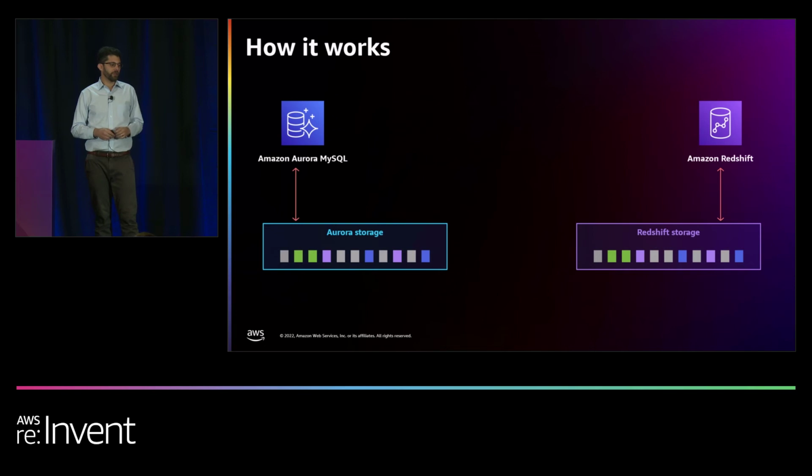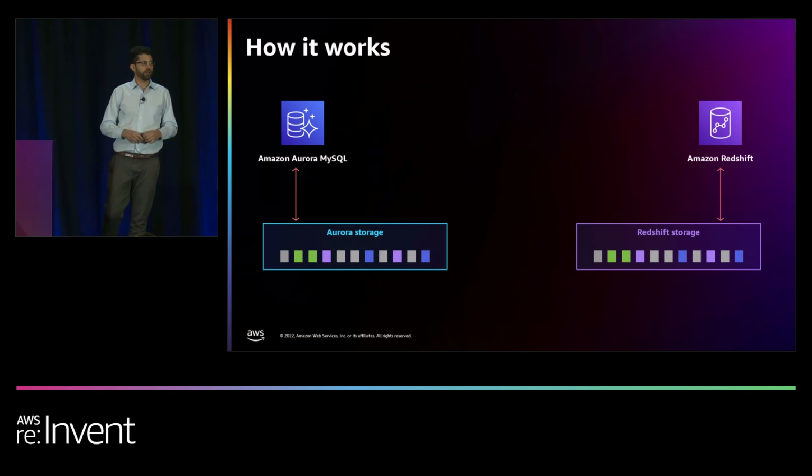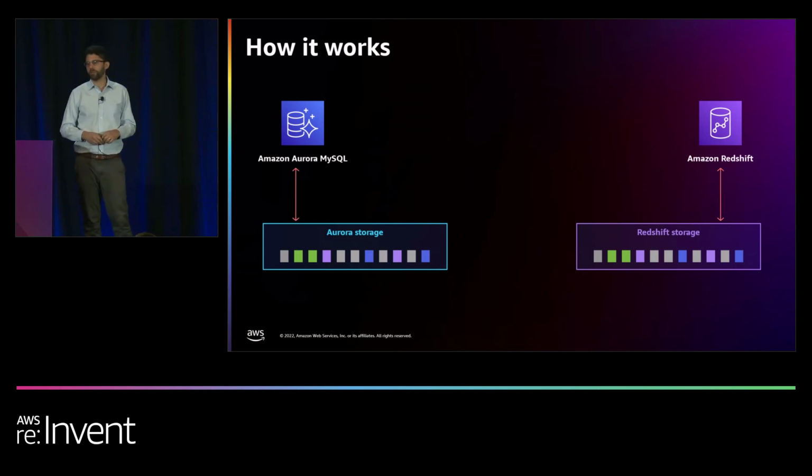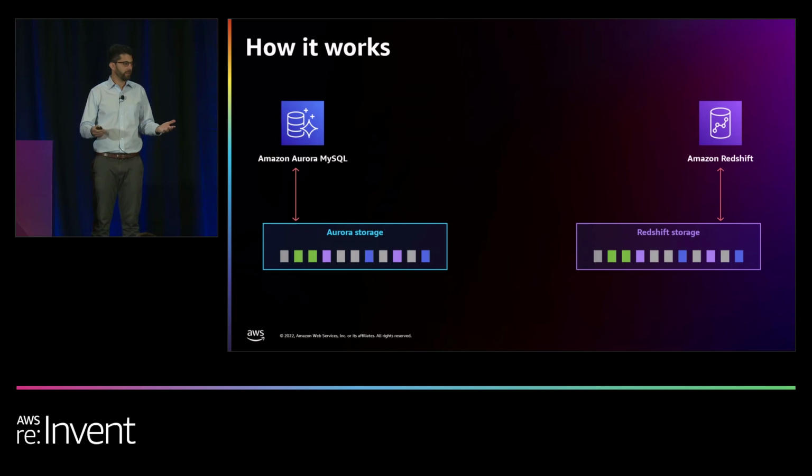So in this first slide, we've got an existing Aurora MySQL database and our existing Amazon Redshift data warehouse. And this parallels the flow of the demo. So we've got these existing resources. We're not going to go deep into internals of Aurora or Redshift in this session.